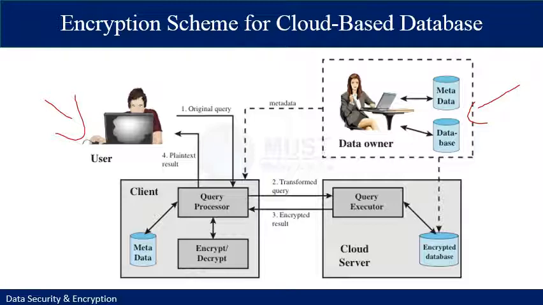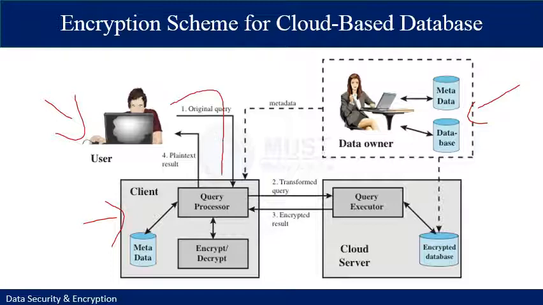The user could be an employee of the organization who is granted access to the database via the server, or an external user of the organization who, after authentication, is granted access. There is also a client, which is a front end that transforms the user queries into queries on the encrypted data stored on the server.